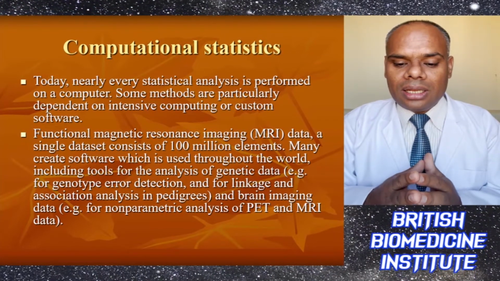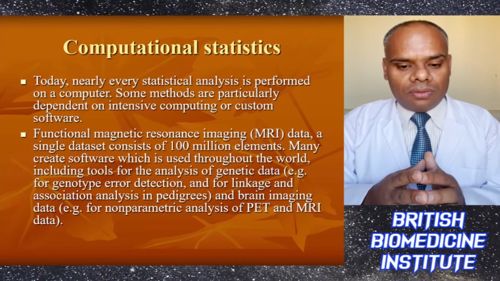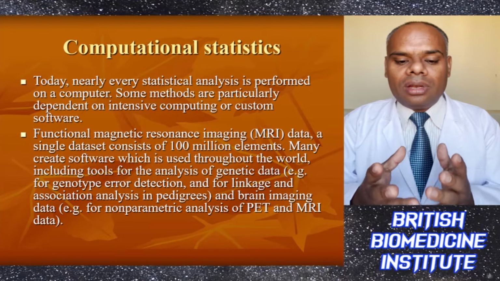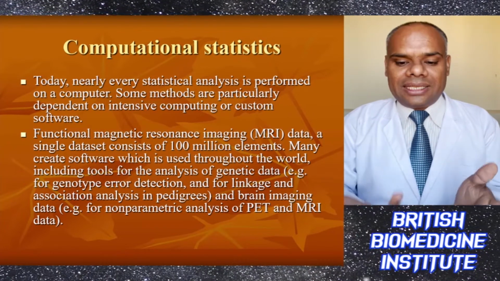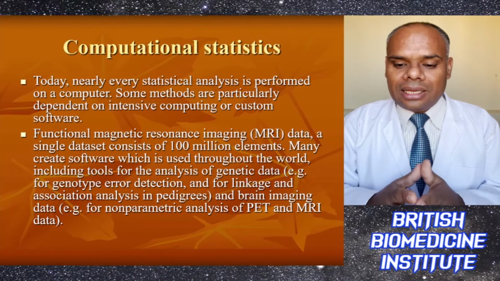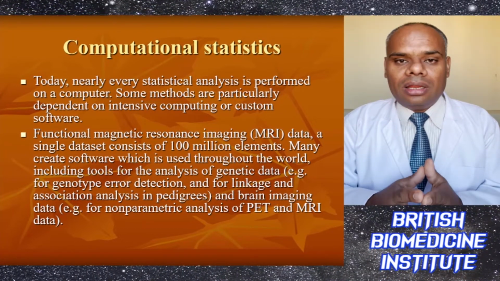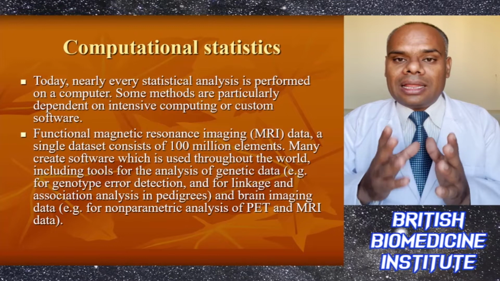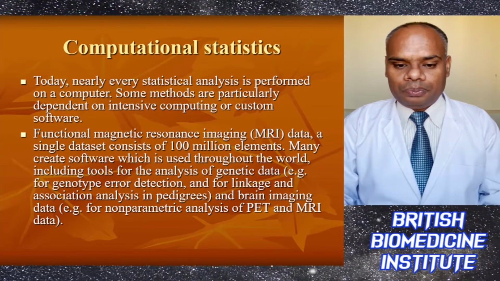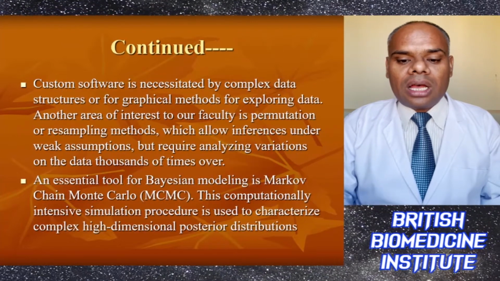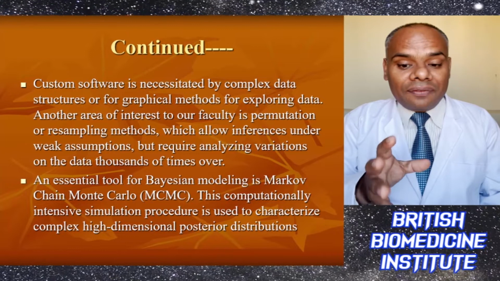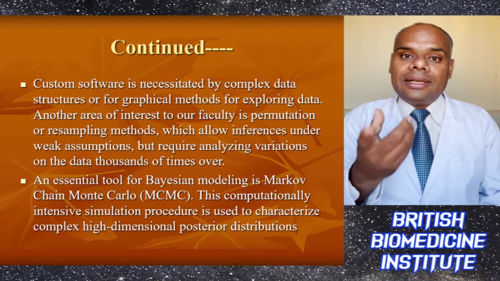Many create software which is used throughout the world, including tools for the analysis of genetic data, for example genotypic error detection, or linkage and association analysis in pedigrees, or brain imaging data, for example non-parametric analysis of PET or MRI data. Custom software is necessitated by complex data structures or for graphical methods for exploring clinical data.